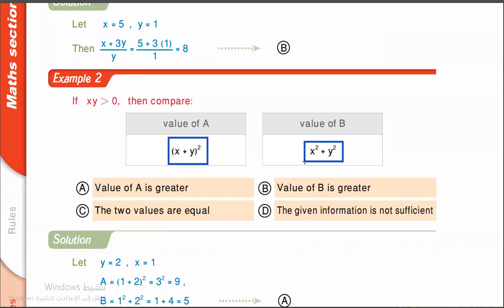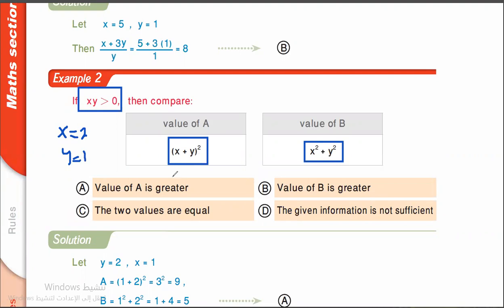So what will I do? I put numbers. I suppose the numbers. How do I suppose? Here we have x, y greater than 0, so you must choose numbers with the same sign. If x is 2, then y, the same sign, is 1, like this.